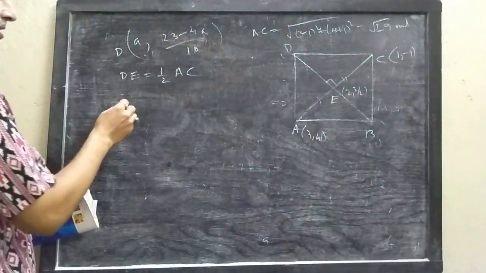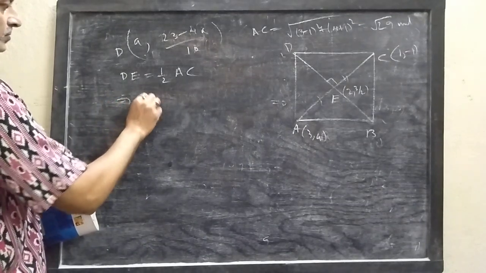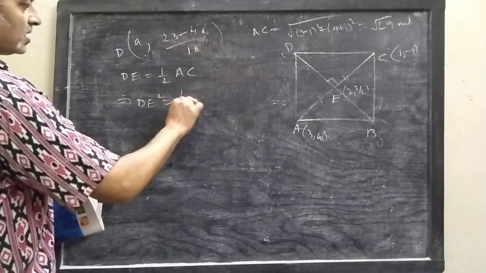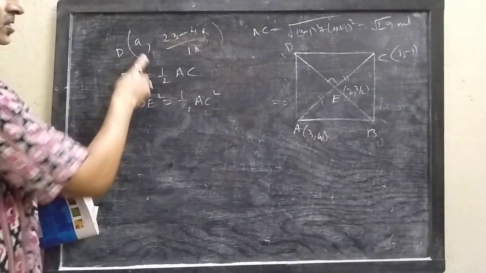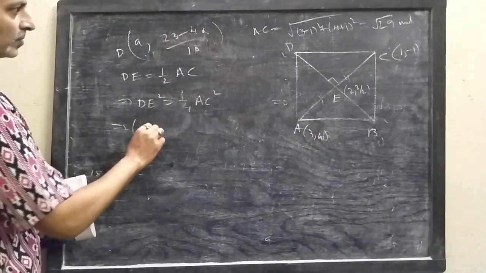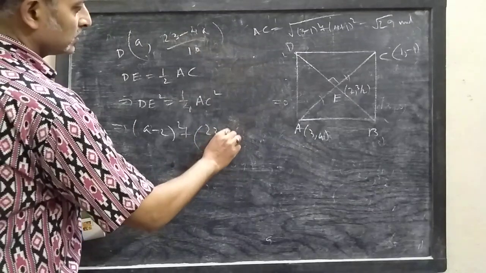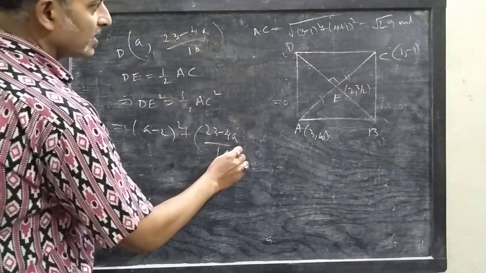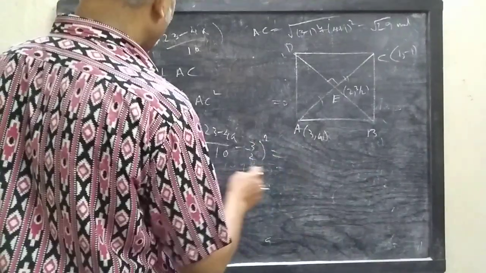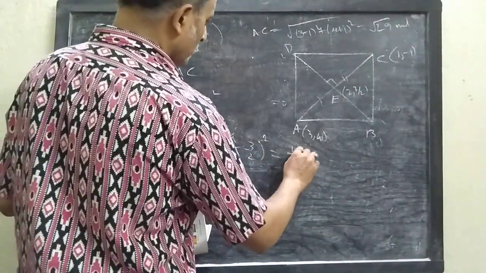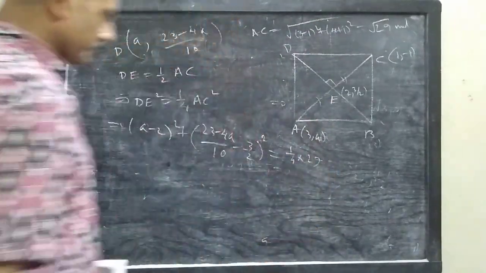So here it will be ED square is 1 by 4 AC square. ED square will be (a minus 2) whole square plus (23 minus 4a by 10 minus 3 by 2) whole square is equals to 1 by 4 into AC square, means simply 29.